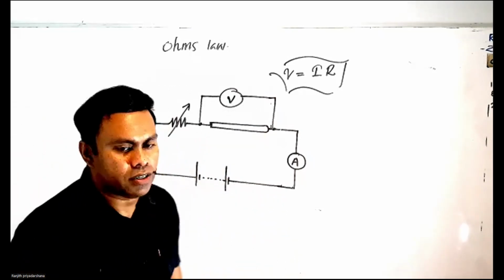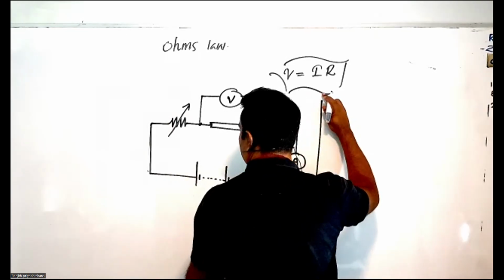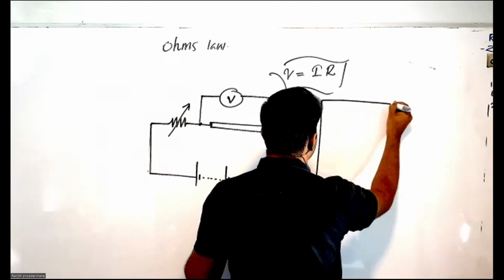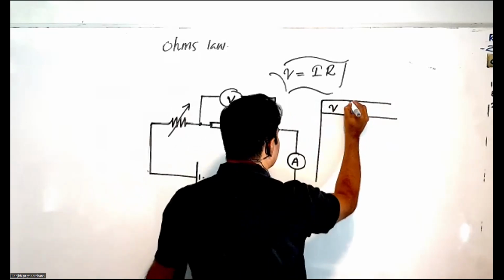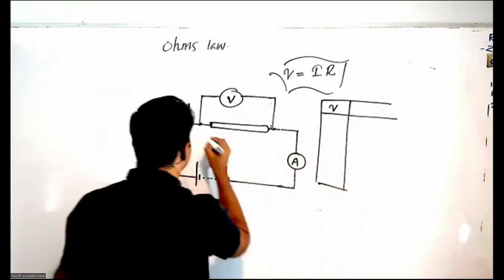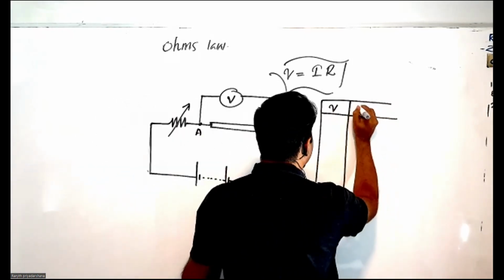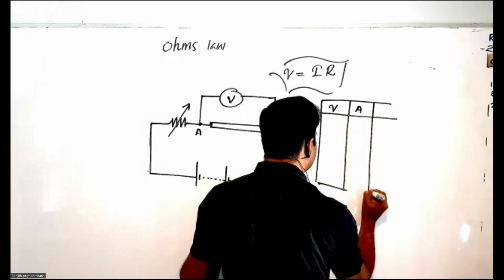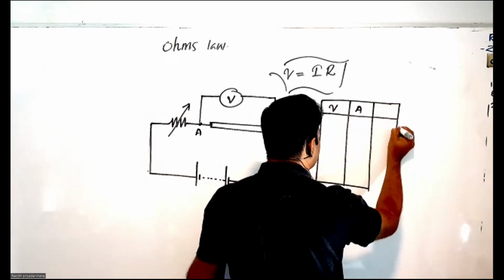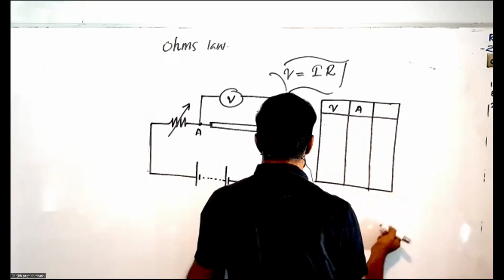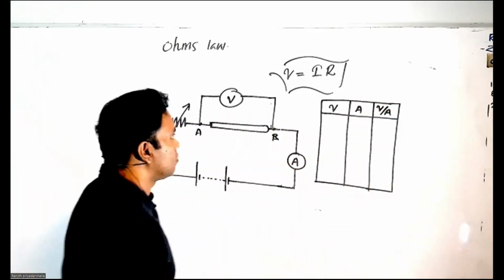Right. So next thing, we have to tabulate the information: V, the voltmeter reading, that means the electric potential difference that exists between the A and B ends of this conductor, and the ammeter reading, and next V upon A. Right.